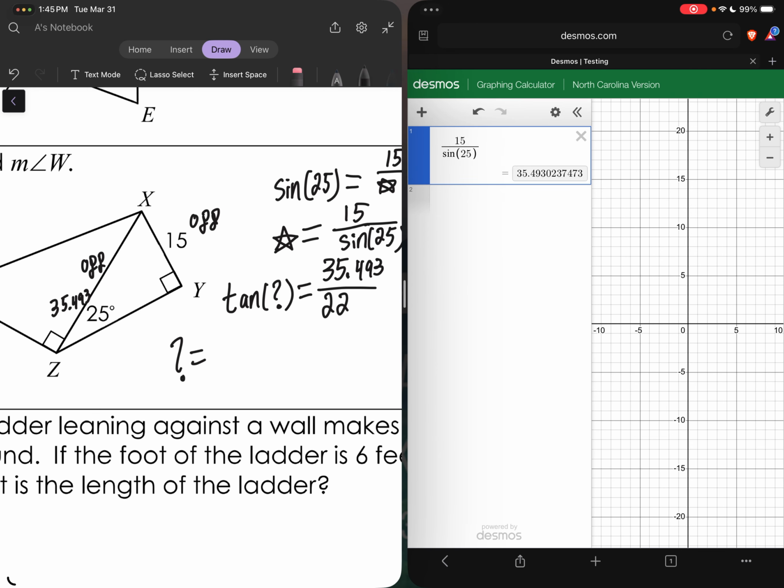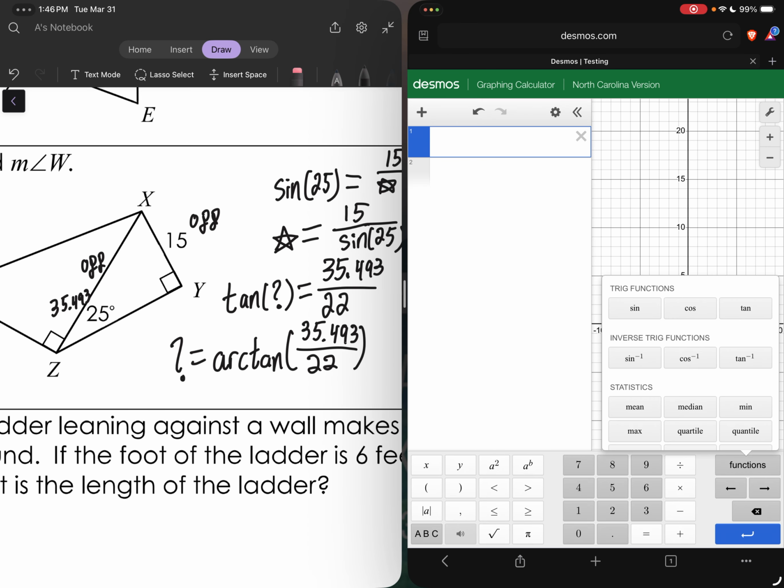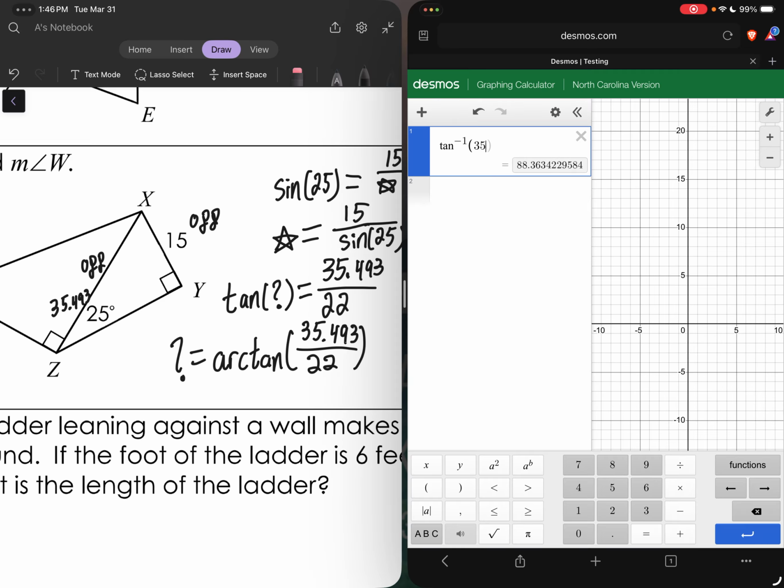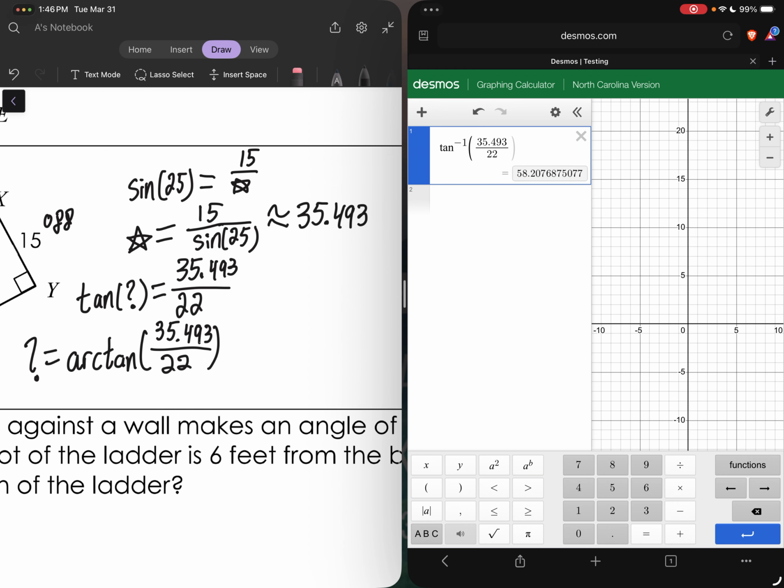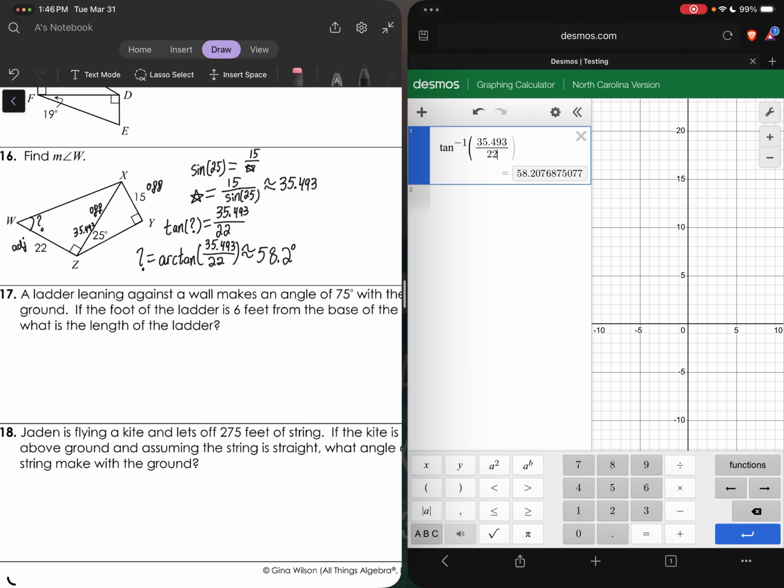Question mark is equal to arctan 35.493 over 22, which is 58.2 degrees. Okay, that one is finished.